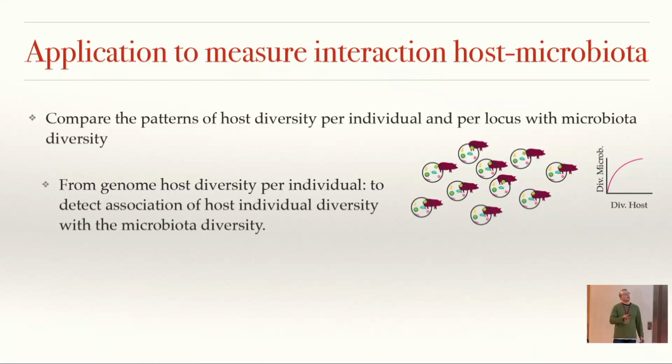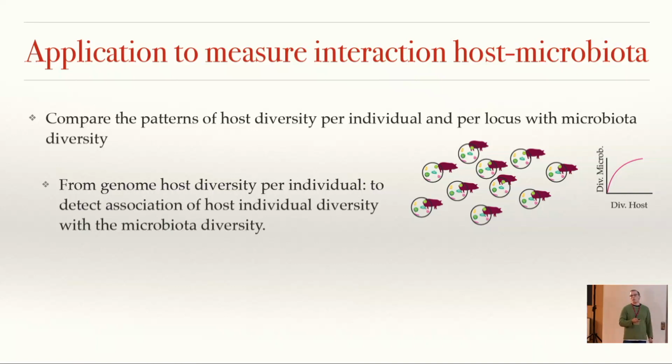The application to host microbiota is to compare the patterns of host diversity per individual and their microbiota. So you have a sample of the individual and their microbiota, and then you estimate the variability of the host and the diversity of the microbiota. We can try to see if there is a pattern between these diversities.